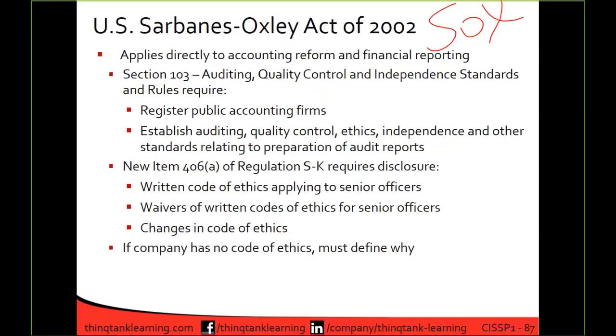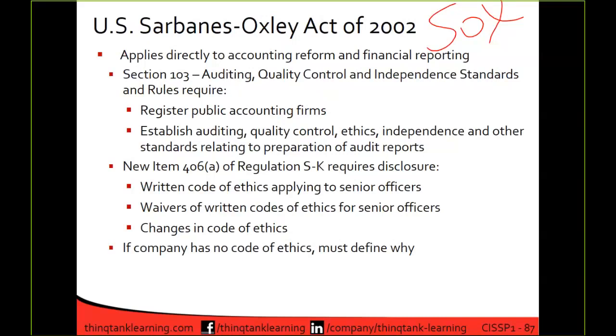Again, this came out of the WorldCom scandal and the Enron scandal, where we have an auditing and quality control component, and independent auditing and controls and standards that regulate public accounting firms. So there's an auditing component, there's a quality control component, there's an ethical component, and so on.